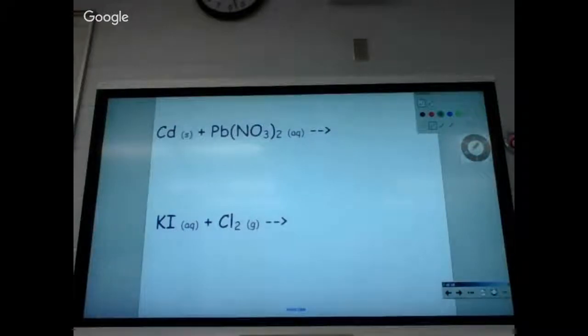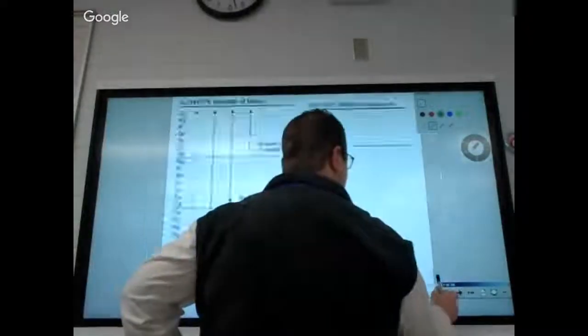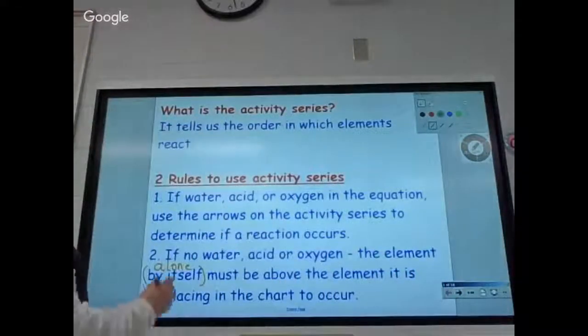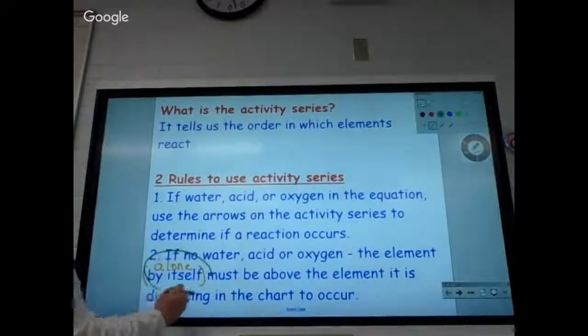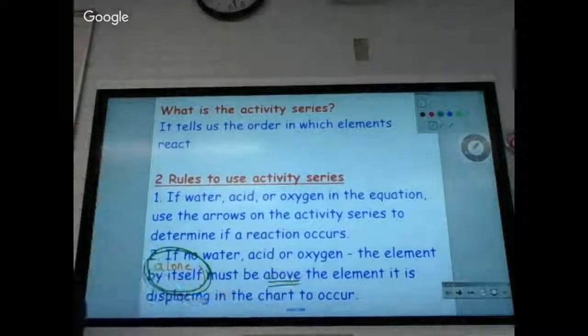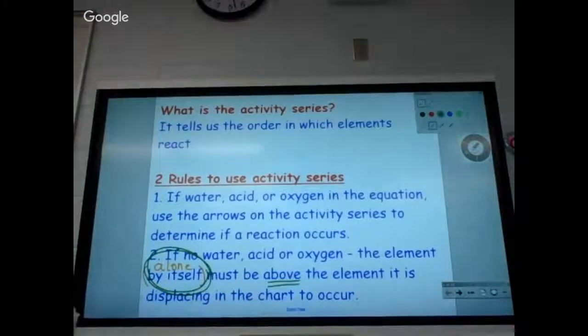Okay. You remember way back at the beginning of your slides. All right. The element that's alone has to be where? Above the one it's displacing. Okay? The one that's alone has to be above.